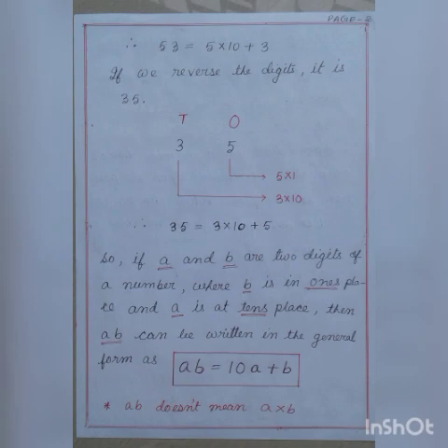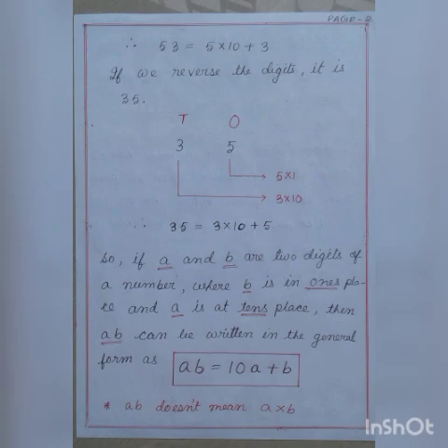So 35 is equal to 3 into 10 plus 5. This is the generalized form of representing a number. Representing the number with place value is the generalized form of representing any number.